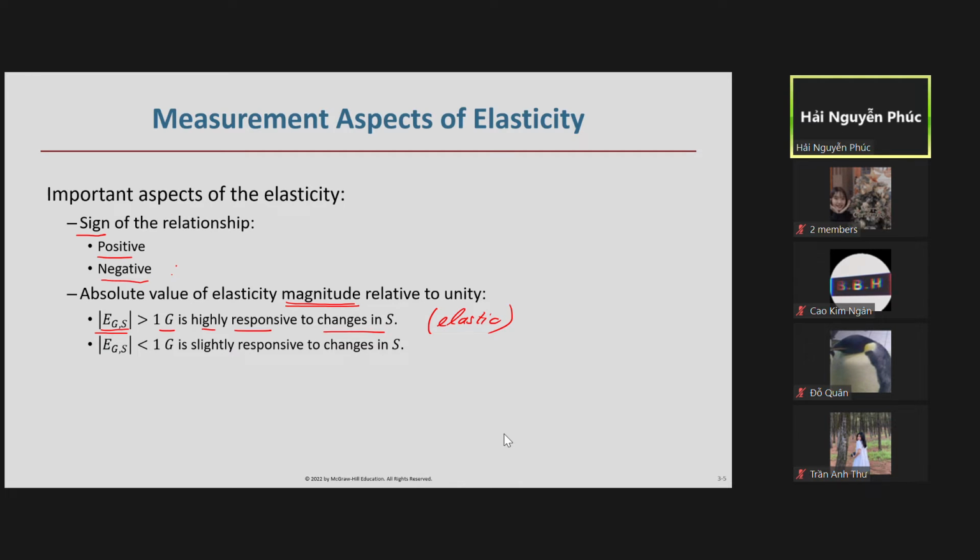If it is smaller than 1, then we say G is slightly responsive to changes in S, or we say it is inelastic. In Vietnamese, sometimes you can see the idea of co giãn, elastic, and inelastic, không co giãn. Hay là người ta còn gọi là elastic, người ta gọi là nhạy cảm, inelastic người ta gọi là không nhạy cảm.